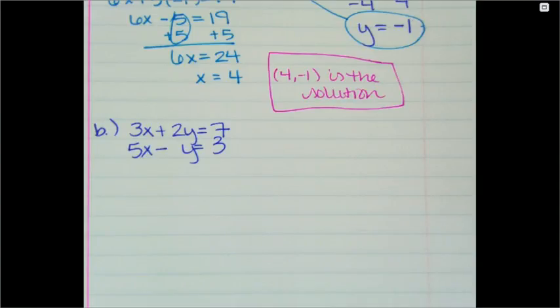Talk to the person next to you, see if you came up with the same thing to multiply by. Do you know whether you're going to multiply the top or the bottom?